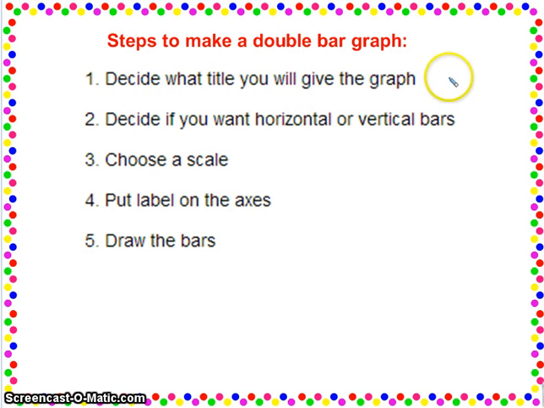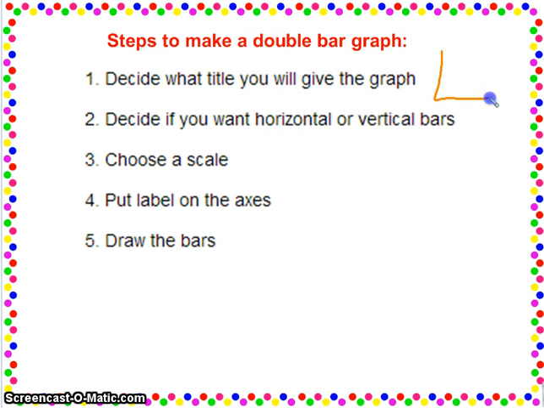A double bar graph. First, you have to title it. Always label your graph so that someone who just walks in can look at your piece of paper and go, oh, I know what that is. We're gonna work with vertical bars, bars that go up and down. Horizontals if we turned it sideways.